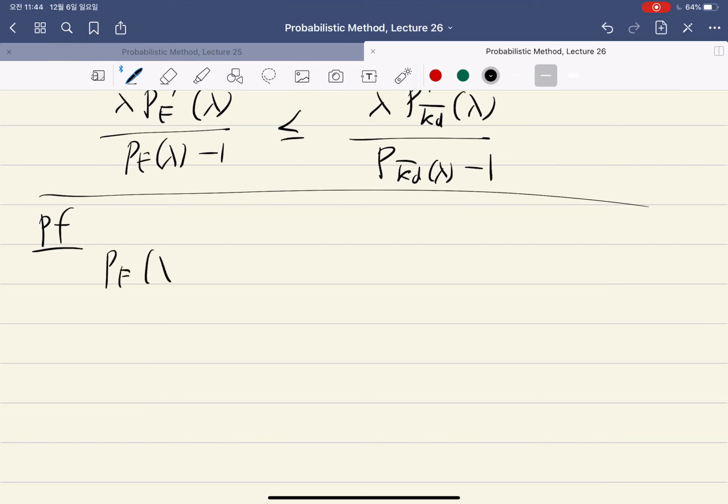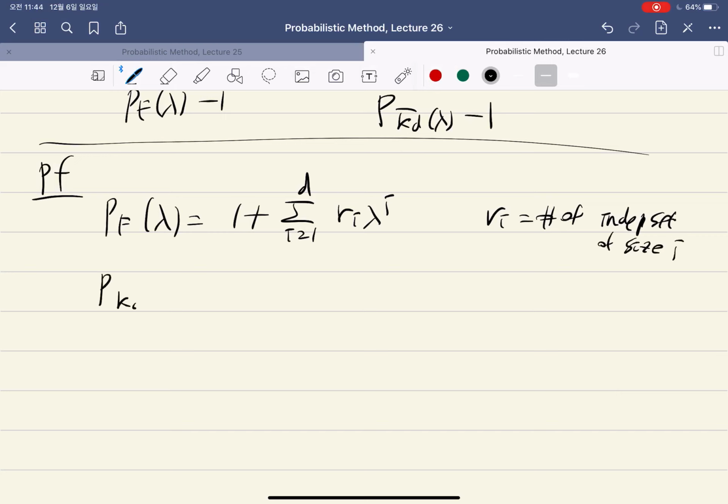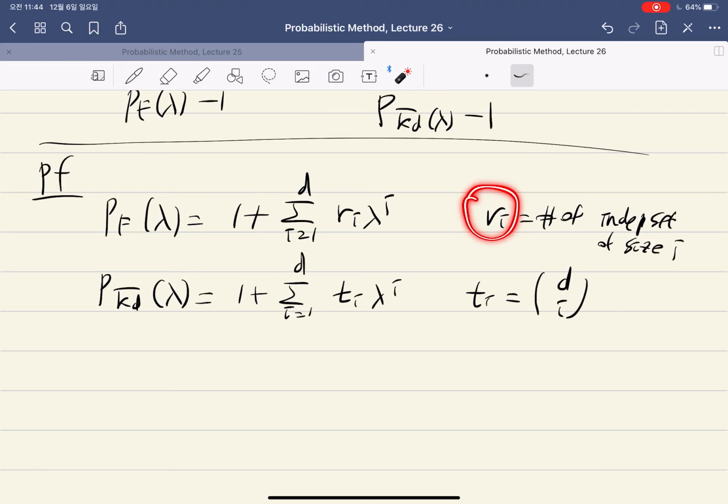So, this is not too difficult. You just take this partition function, and let's say Ri is the coefficient here. Then Ri is the number of independent sets of size i. And if you consider the same function for the empty graph, then this is nothing but just choosing i vertices from d. And now we want to compare these two.